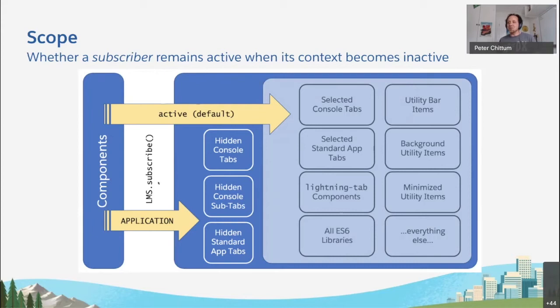So when I invoke subscribe as active, all of these items here are essentially always active. However, things like tabs that are not currently selected are not active. So it is possible to fire an event and have, for example, a console application tab listen and respond to an event, but it has to be subscribed as application scoped. So let's go take a look at what that actually means specifically.